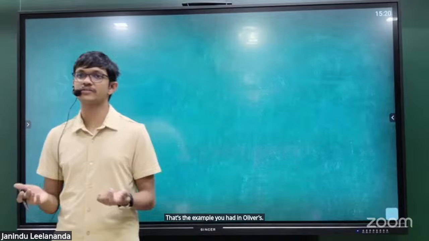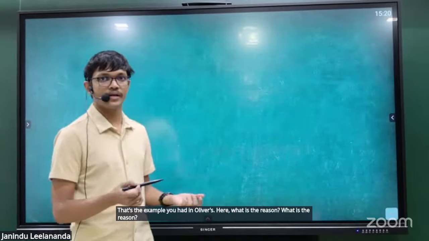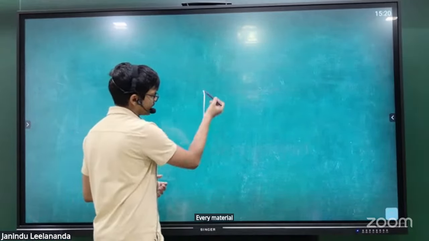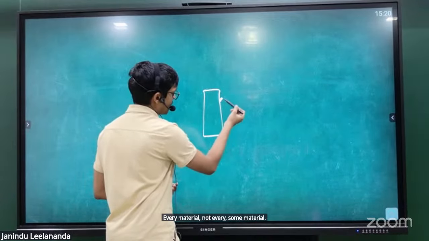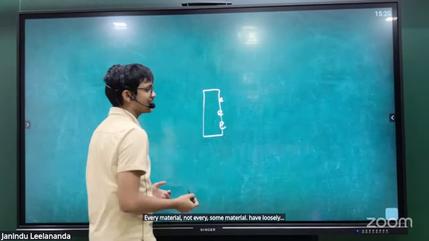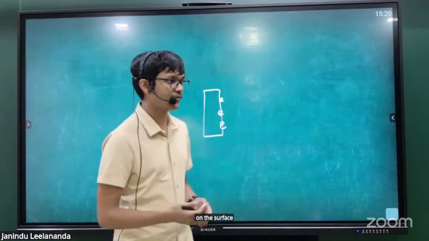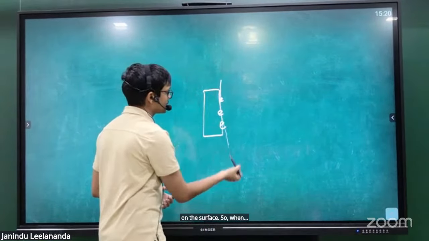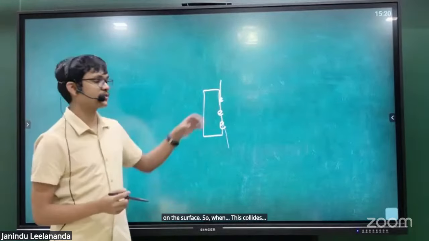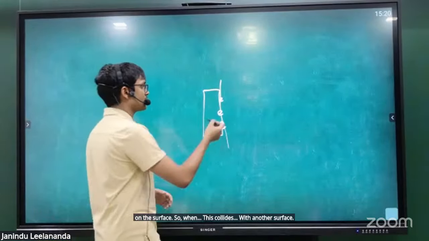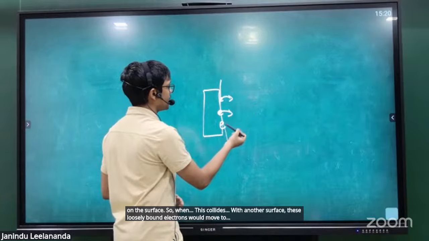What is the reason? Some materials have loosely bound electrons on their surface. So when this collides with another surface, these loosely bound electrons would move to that surface.